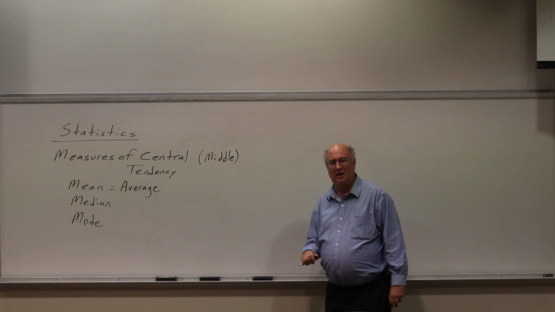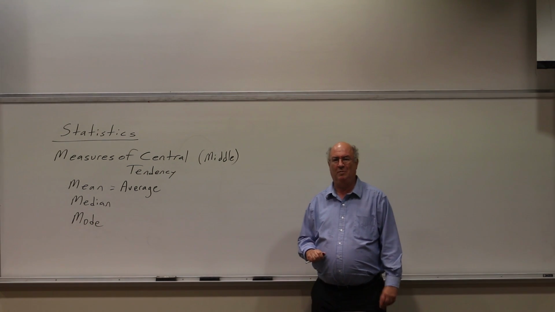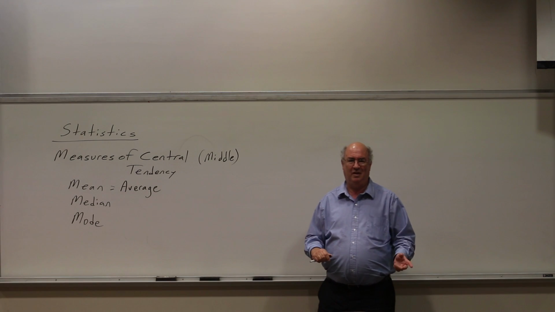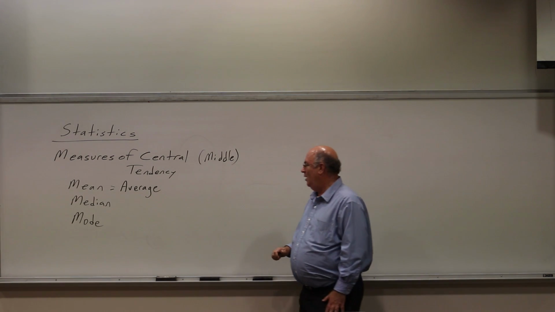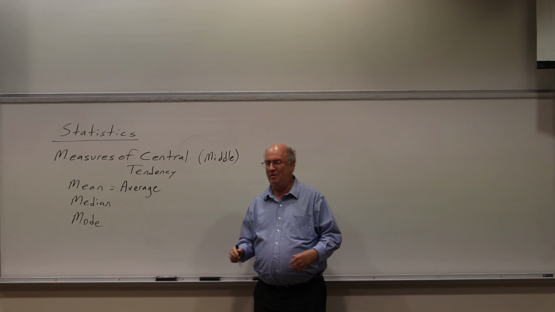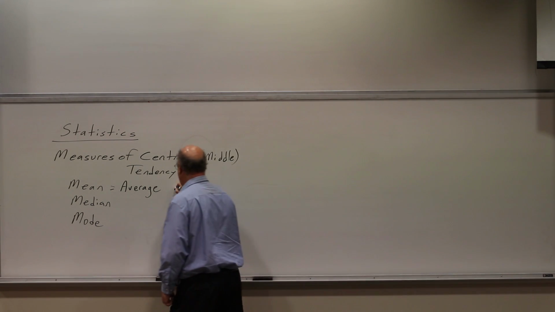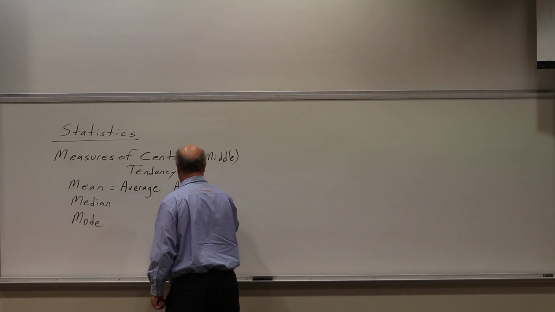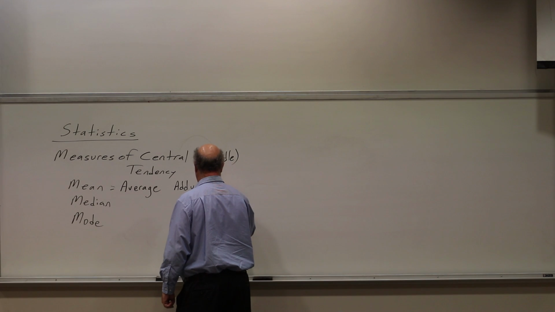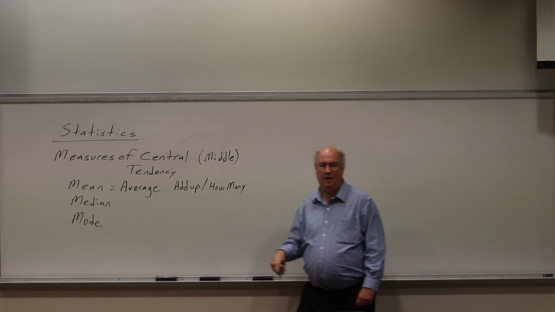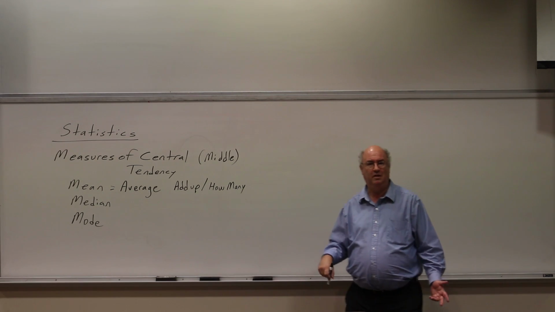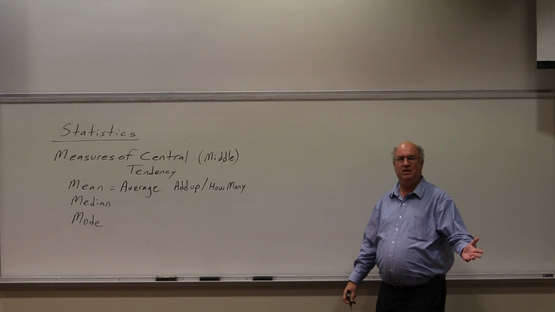They hardly ever use the word average in statistics unless they're talking about weighted average. That pops up once in a while. Sometimes they just call it weighted mean. So it's the average. Add them up, divide by how many. That's nice and easy. Mode, even easier.